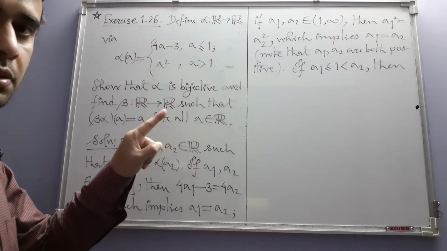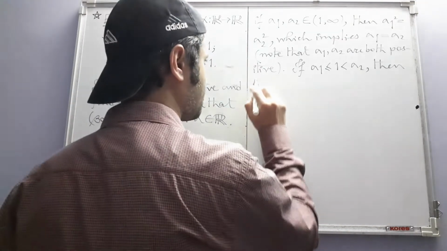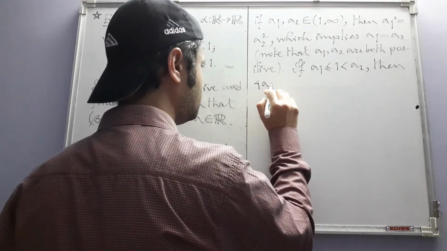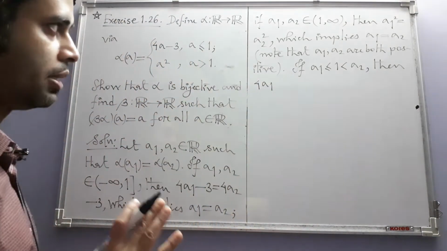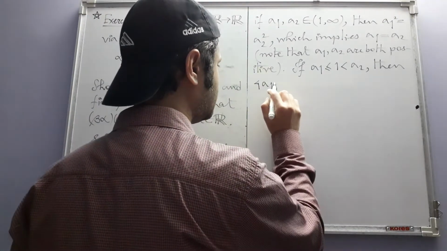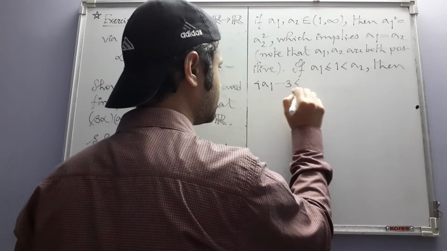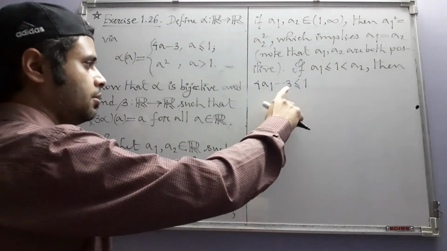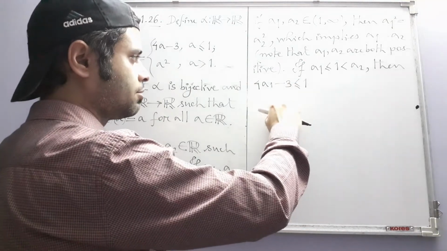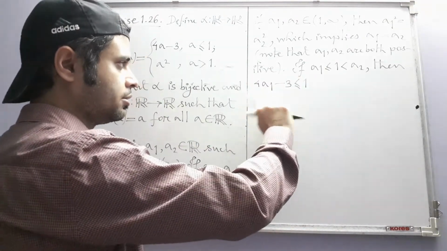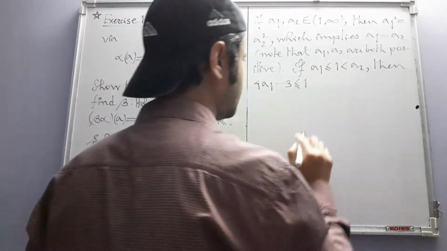Because a1 is less than or equal to 1, 4a1 will be less than or equal to 4. Subtracting 3, you get 4a1 minus 3 less than or equal to 1. Do you see this? You add 3 on both sides, you get 4a1 less than or equal to 4. That gives you this, and conversely, from this you get this.